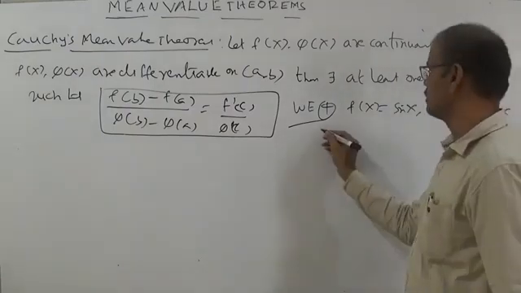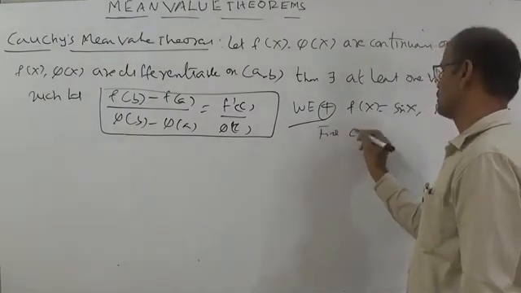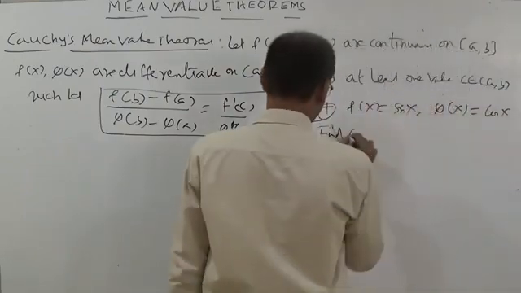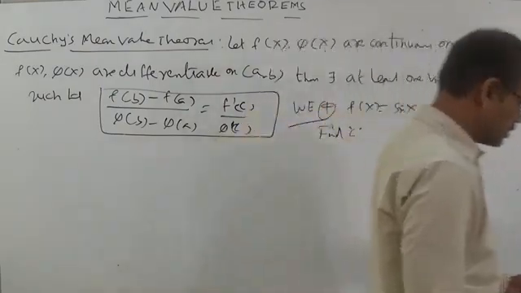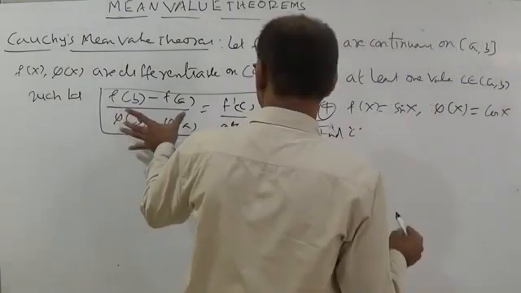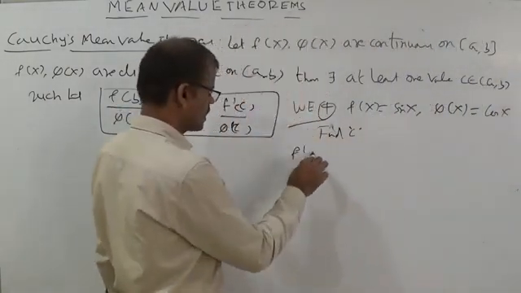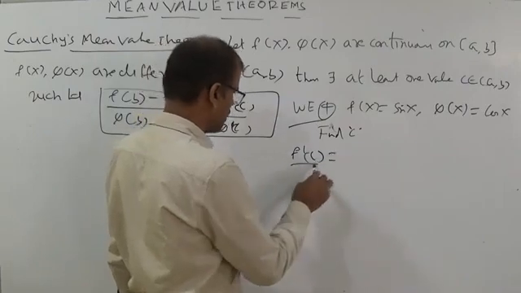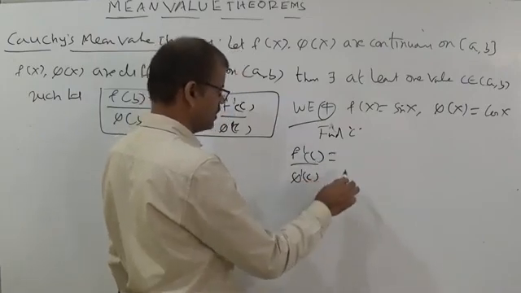You should find the value of c. Find c. Using this formula, students, what is the formula? I am writing once again f dash c by phi dash c.